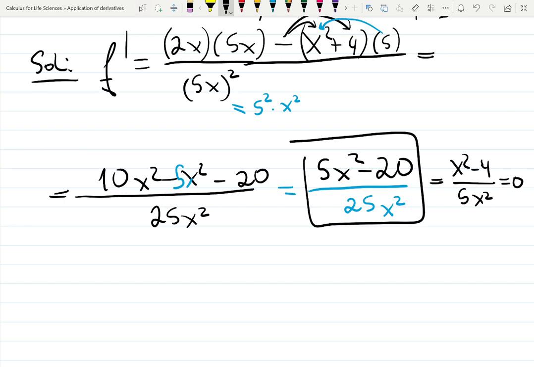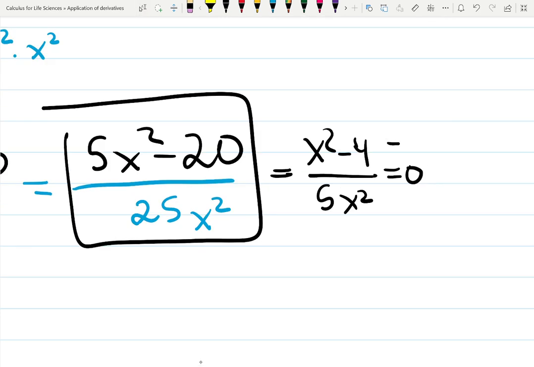Set it equal to 0 to find critical points. Critical points are where your derivative is 0 and DNE. When you're working with a fraction, DNE comes from the denominator. So you set the numerator to be 0 and the denominator to be 0. That gives you 0 and DNE points.